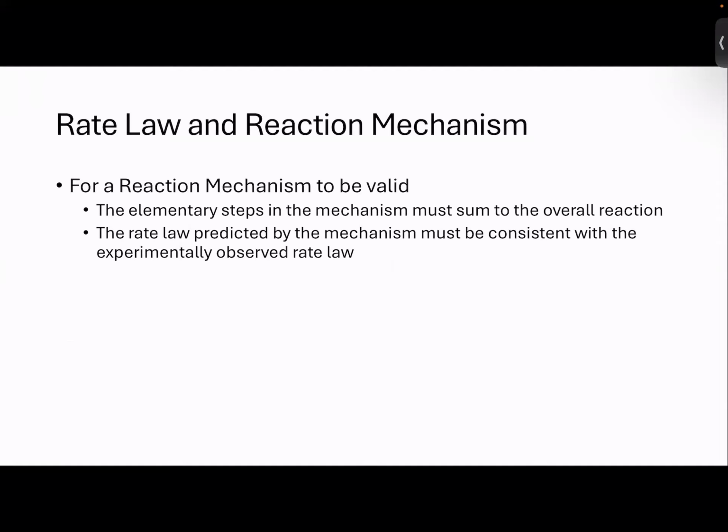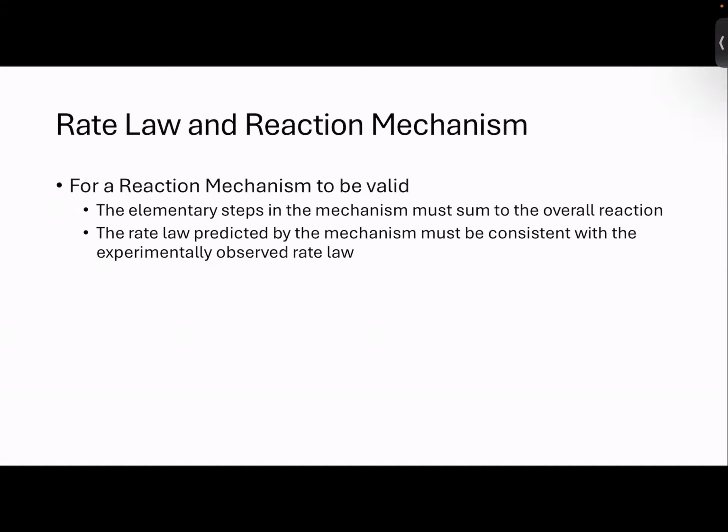Now, as I said, reaction mechanisms are educated guesses as to the process by which a reaction occurs. So how do we know if our educated guess is a valid option?